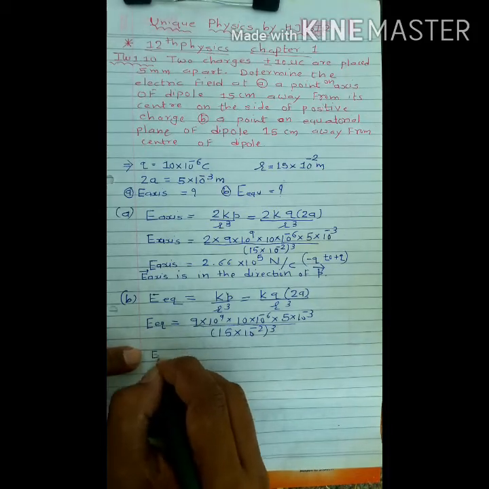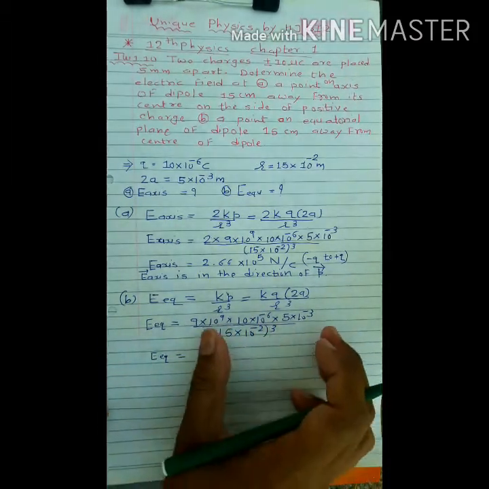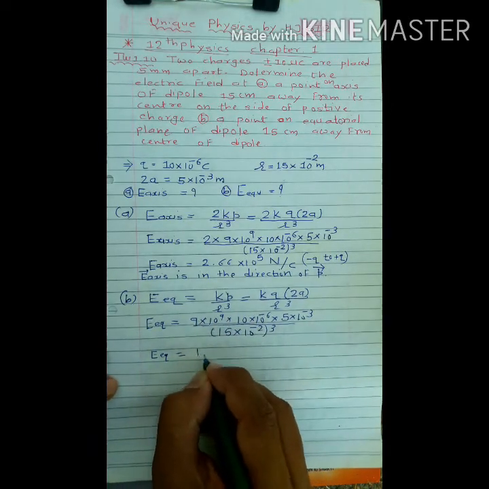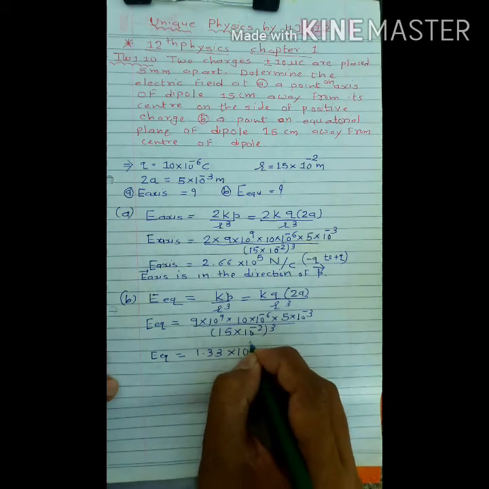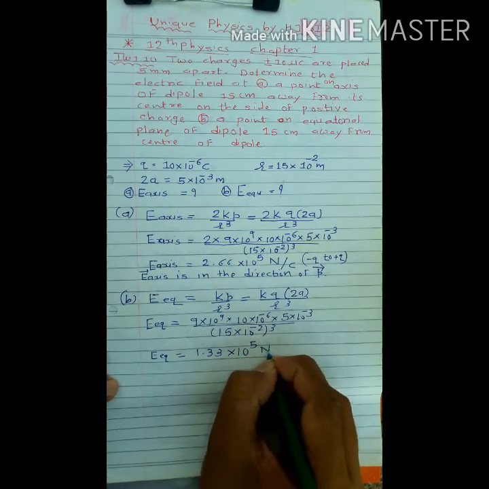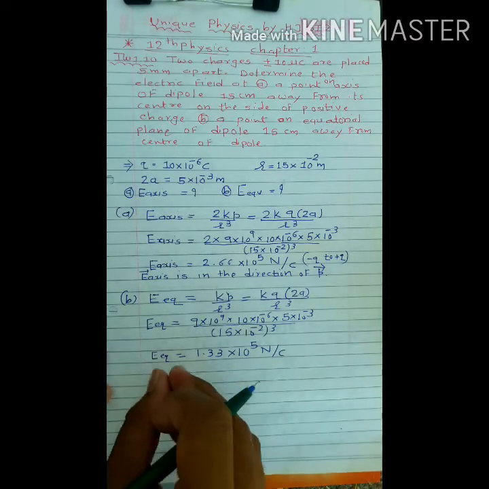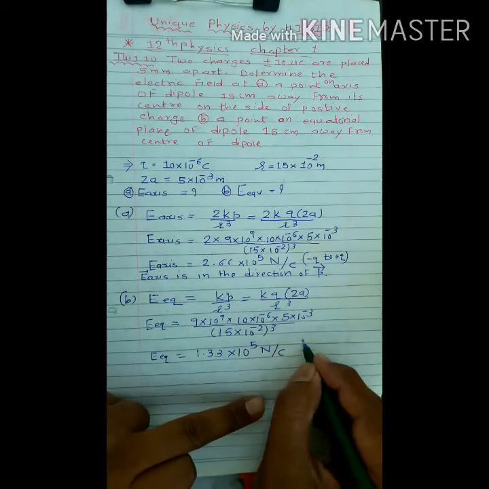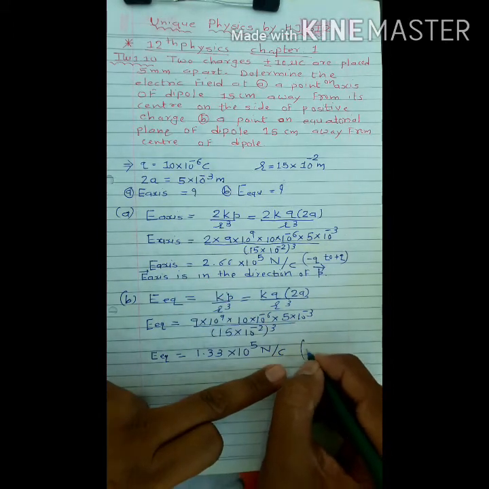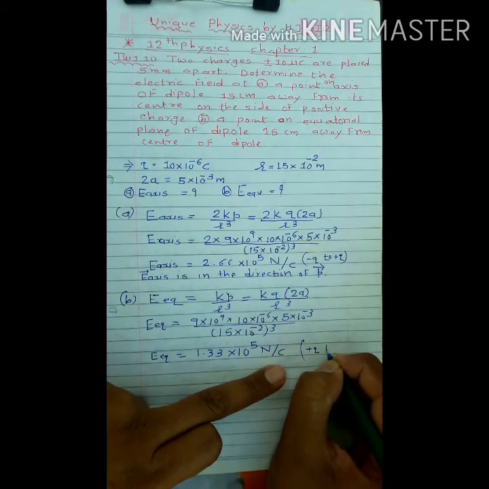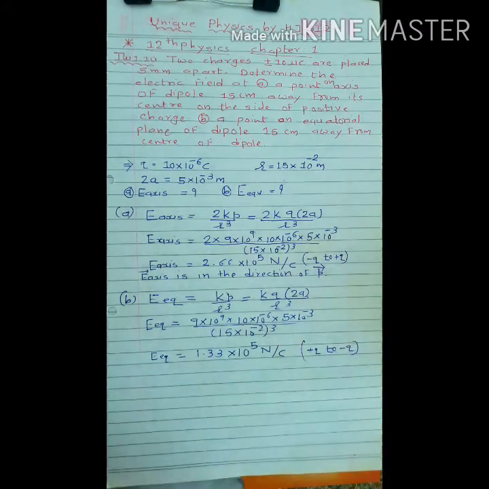So if we solve this example, we find that our answer is E equatorial is equal to 1.33 into 10 to the power 5 Newton per Coulomb. Now remember the direction of the equatorial electric field. The direction of the equatorial electric field is opposite to the axial electric field, means it is directed from plus q charge to minus q charge.